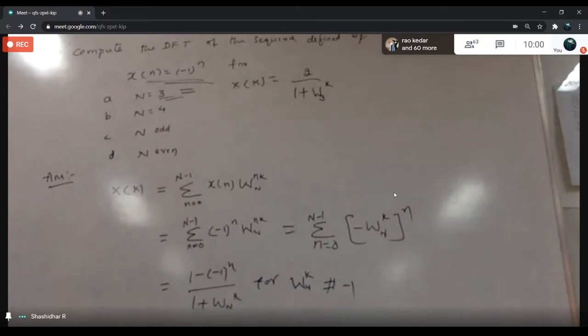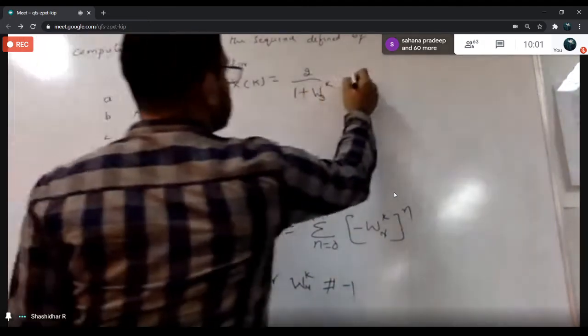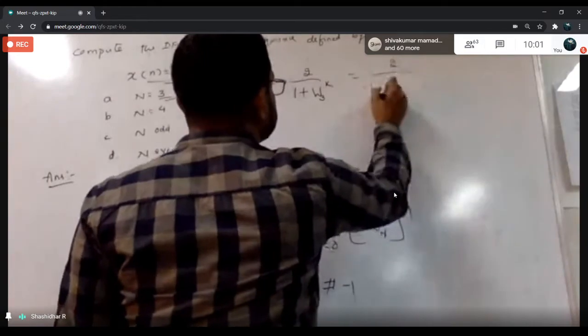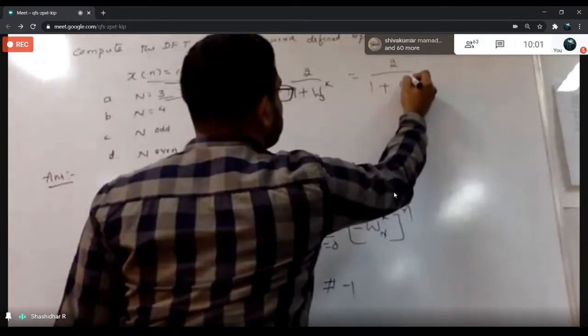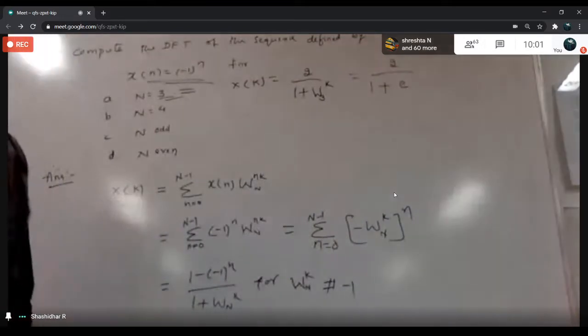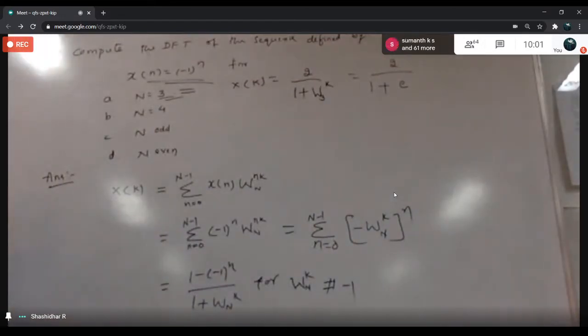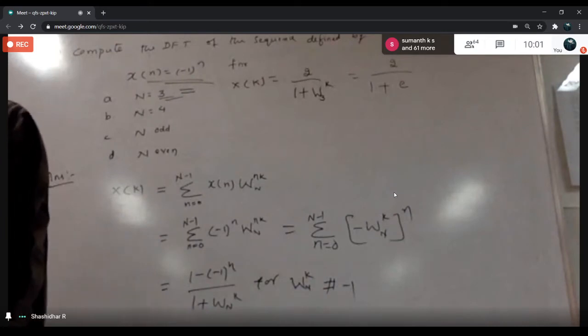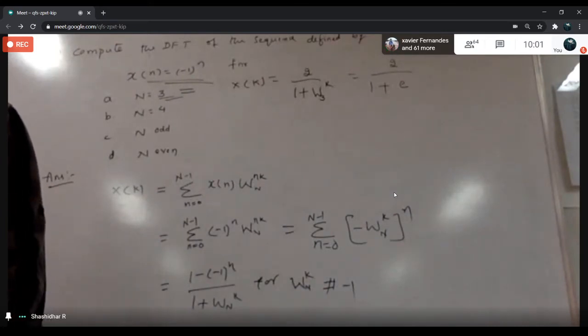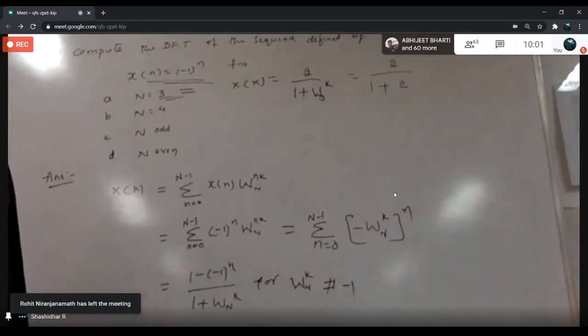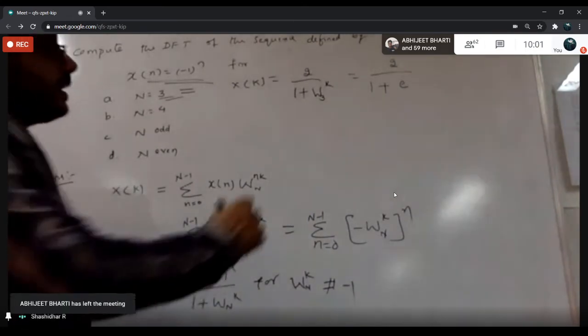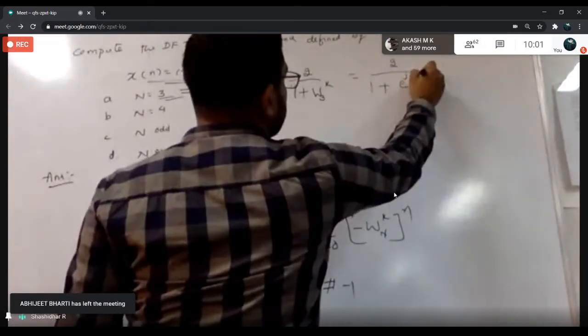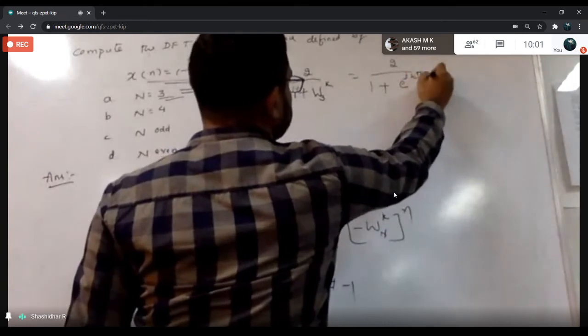We can convert w values e to the power of j 2 pi k divided by n, right?